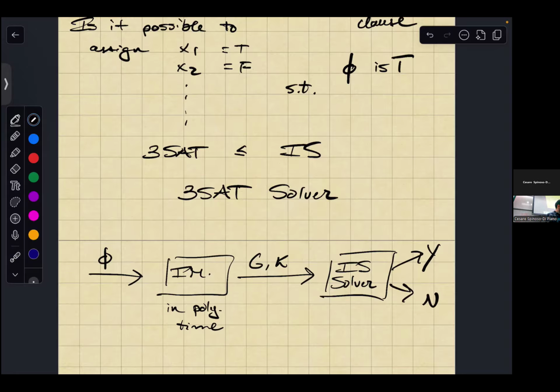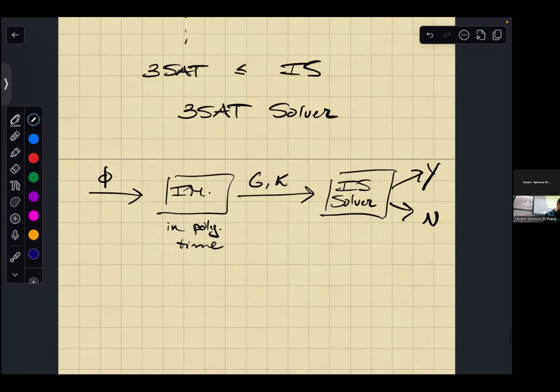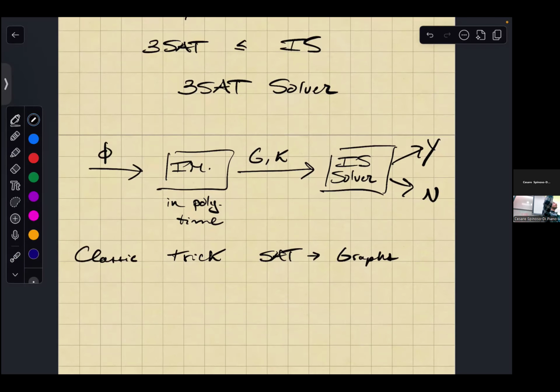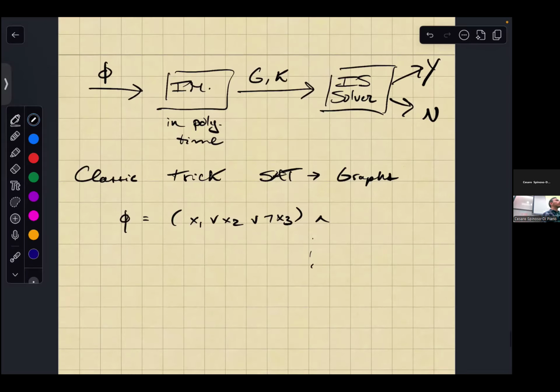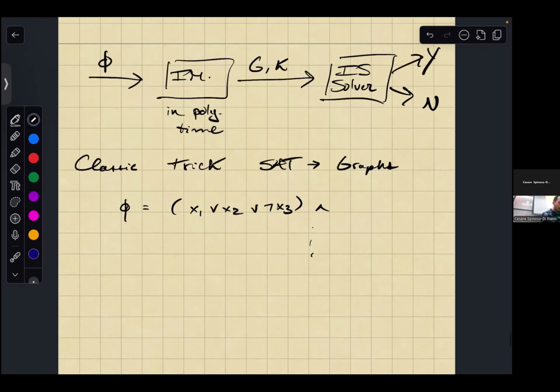Okay. So this is a bit tricky, but it's not too bad if we consider the classic trick for converting SAT to a problem about graphs. The classic trick is you take the clauses and you make them 3-cliques. So for instance, maybe the first clause in phi is x1 or x2 or not x3. Maybe you have others, but the general thing is, you take the first clause and you make it into a 3-clique in the graph.